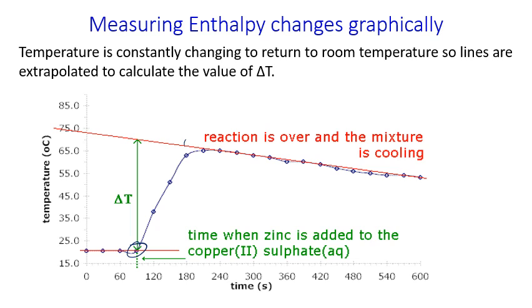You get a jump up to here, and the maximum jump is the delta T, which we'll put into our equation. And essentially, we can then extrapolate back onto the y-axis to get the actual value of delta T at time 0.